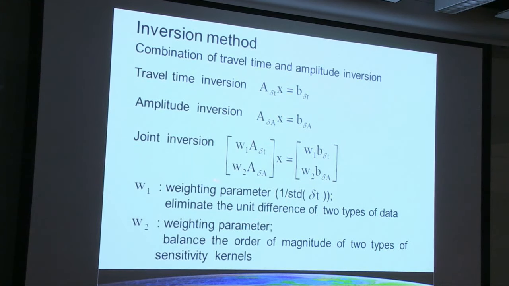And we also need another weighting parameter to balance the order of magnitude of the two types of sensitivity kernels. We need to note that the solution is still unchanged even if we do the weighting of the two equations.